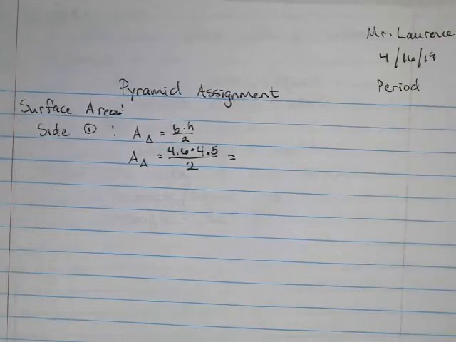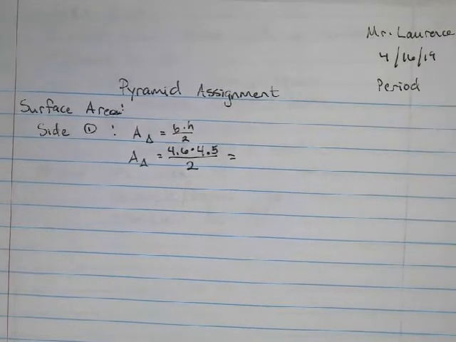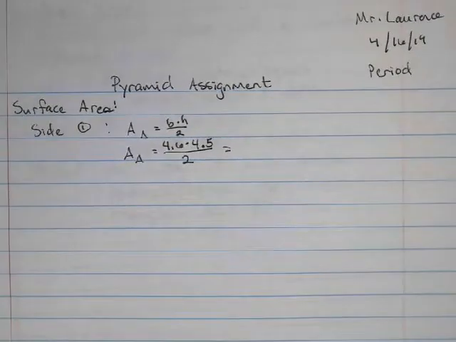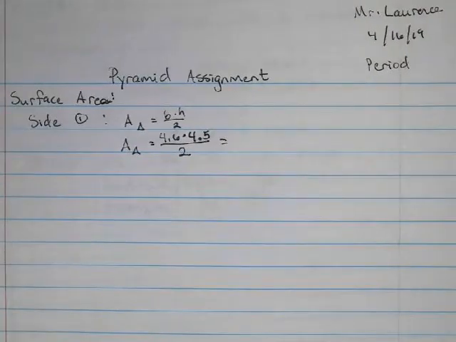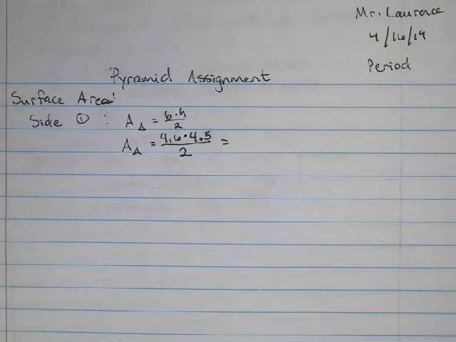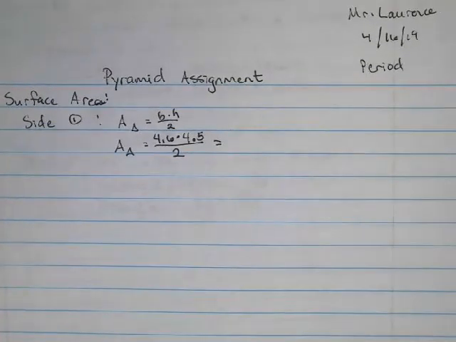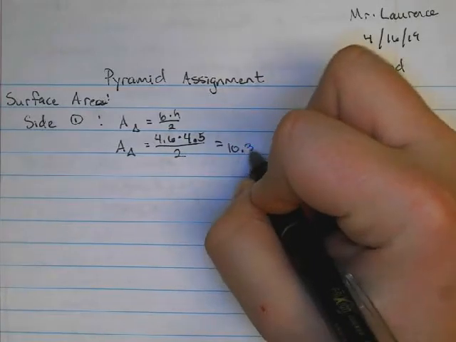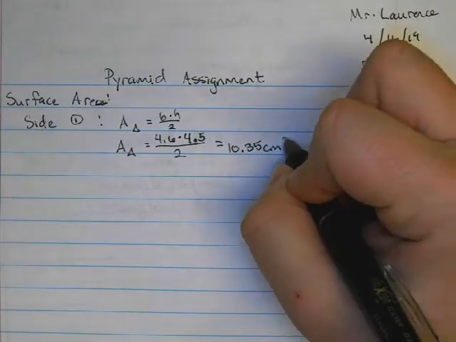We'll let our calculator do the heavy lifting. So I'm doing 4.6 times 4.5, then divide that by 2, and I get 10.35 centimeters squared.